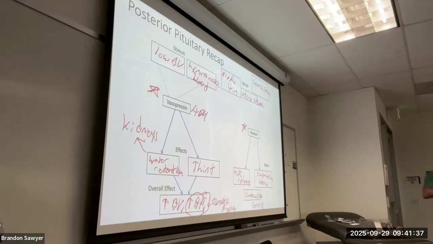Some oxytocin release leads to more oxytocin release, which leads to more contraction of the uterus, which is what leads to labor, right? And the synthetic version of that hormone, Pitocin, is what stimulates labor when you're trying to do that. Okay, so that's just a recap of what we talked about.